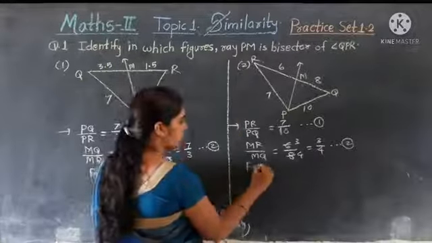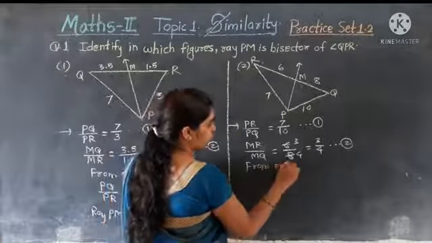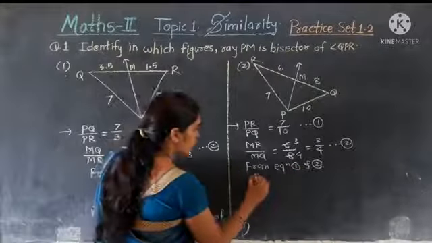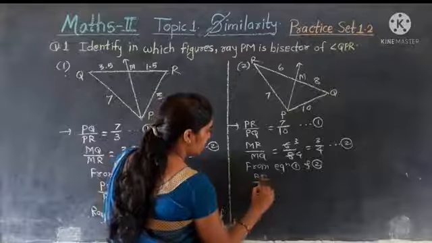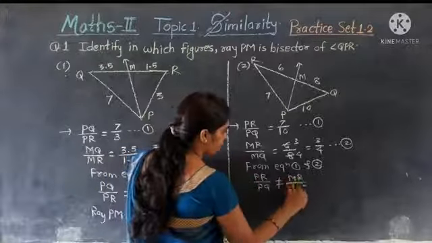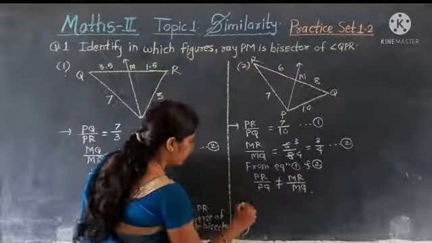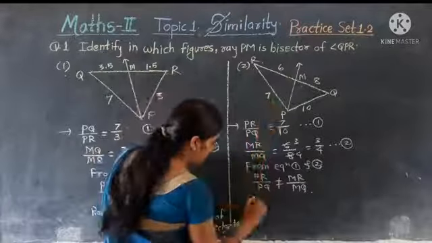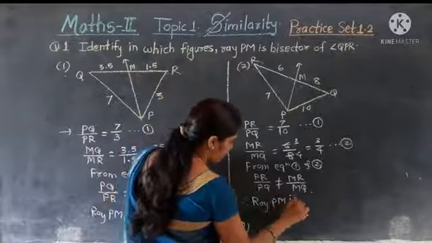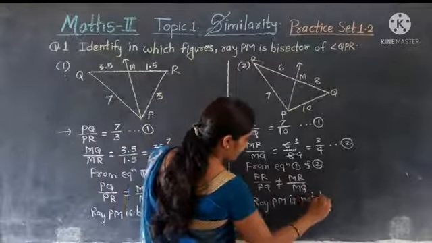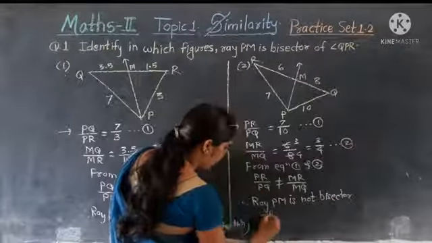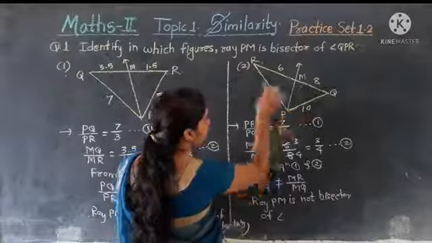Here both the ratios are not the same from equations 1 and 2. These both ratios are not the same, that is PR upon PQ is not equal to MR upon MQ. Therefore, ray PM is not bisector of angle QPR.